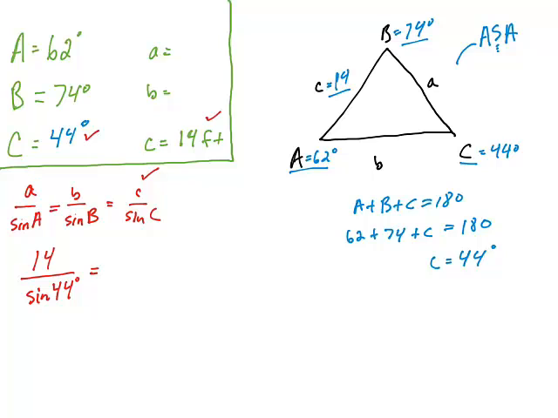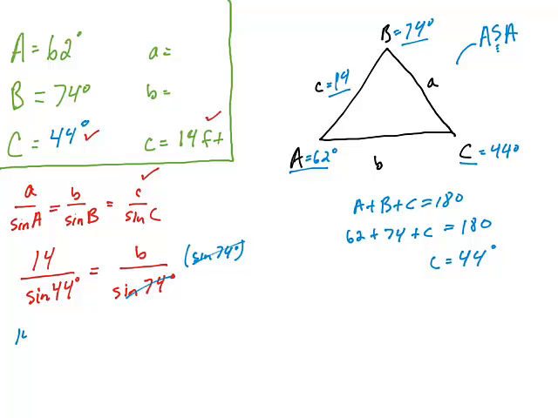And what I need to do is set that equal to a second fraction, and that second fraction will have a missing value. So I'm going to try and solve for side B here. So side B over sine of angle B, which is 74 degrees. And then from there, we just need to multiply both sides by sine of 74 to get that to cancel.